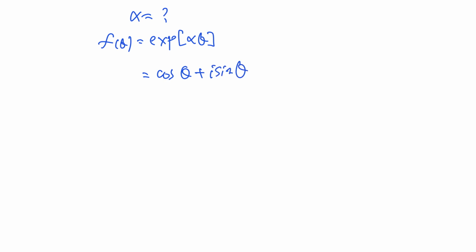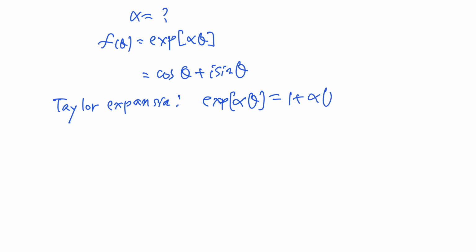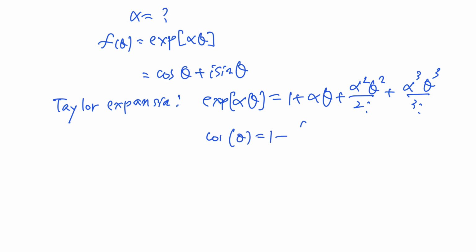So let's use Taylor expansion. You probably learned it in your freshman calculus. So exponential alpha theta is 1 plus alpha theta plus alpha squared theta squared over 2 factorial plus alpha cubed theta cubed over 3 factorial. Cosine theta is 1 minus theta squared over 2 factorial plus theta to the 4 over 4 factorial.